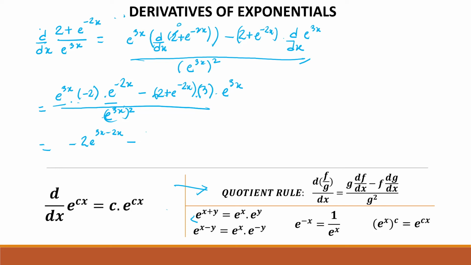Similarly, we have 3 times e to the power 3x, 2 plus e to the power minus 2x divided by e to the power 6x, which will be equal to minus 2 e to the power minus x, plus x minus 6 e to the power 3x minus 3 e to the power x.